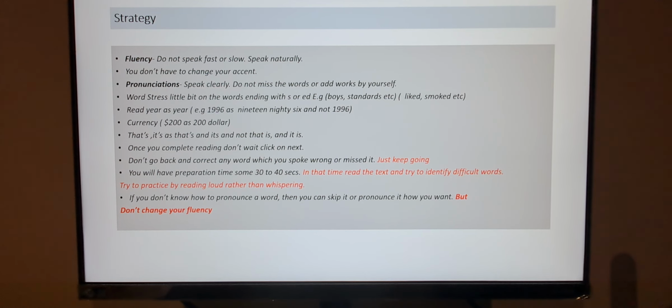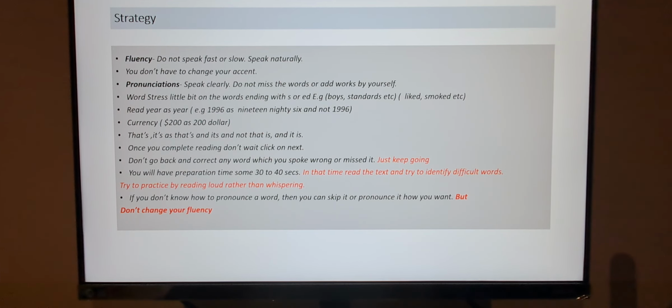For example, liked. See how I'm stressing that ed, right? So that it doesn't sound to the interpreter that I'm saying like. I liked. So he would know that it's liked and not like. I like. So definitely you will lose marks.